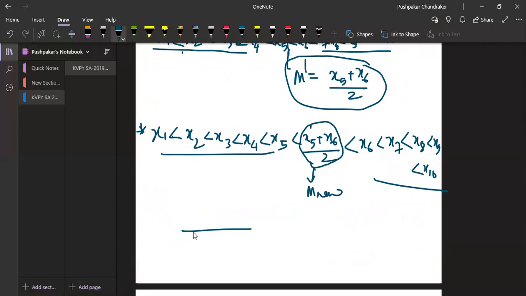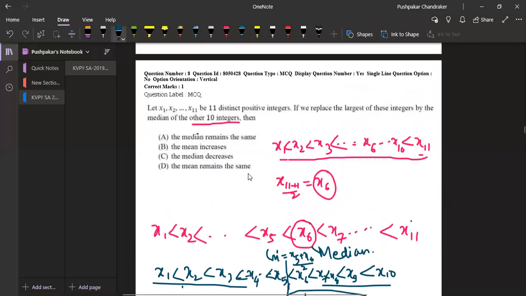If I draw the number line, here is x5, here is x6, and exactly in the center will be (x5 plus x6) by 2. This was the old median, and this is my new median. So definitely the new median has reduced. So what happened to the median? The median actually decreases. So that is option C.